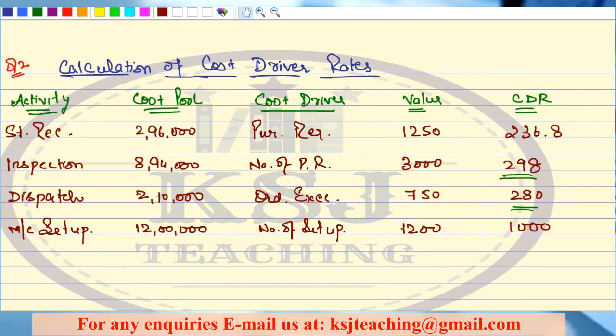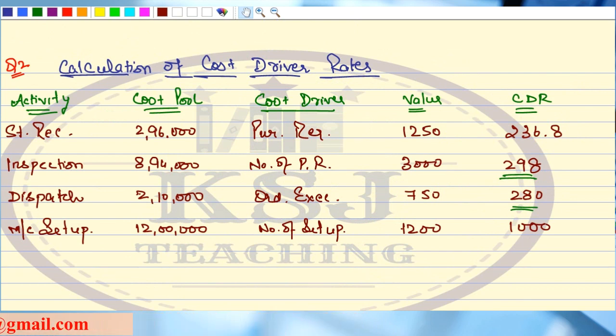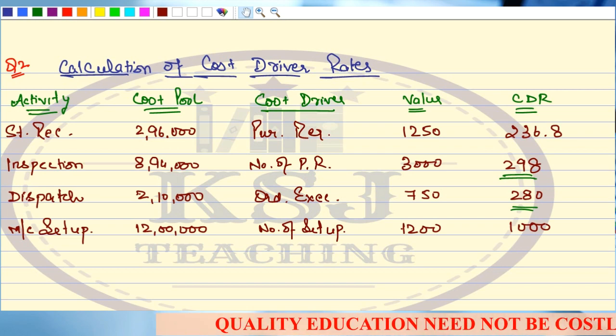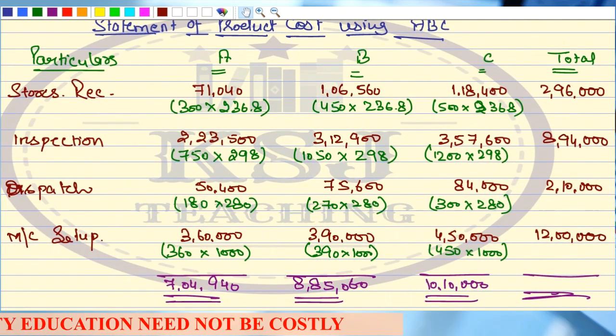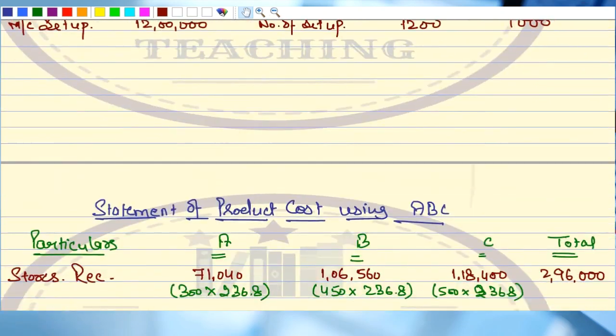Identify the activities, identify the cost associated with the activity, identify the cost driver, identify the value of that cost driver, and then calculate the CDR. CDR is cost pool divided by cost driver, right? Then allocate the cost between the various products or various activities, based on the CDR. Clear?